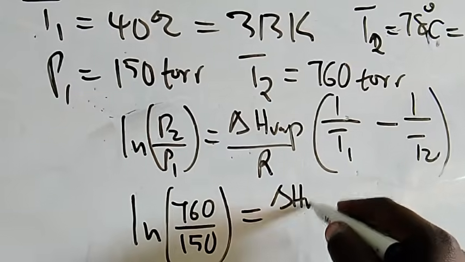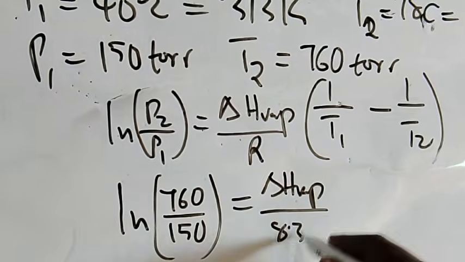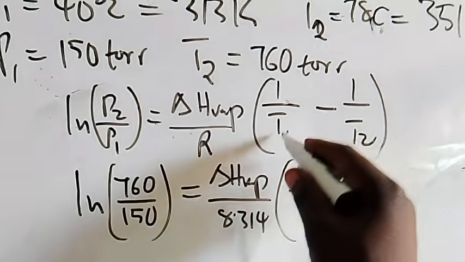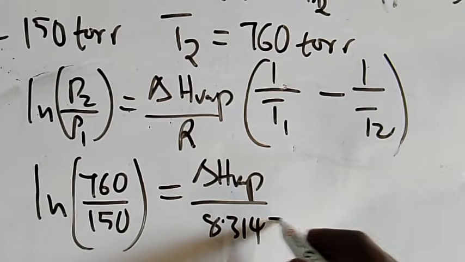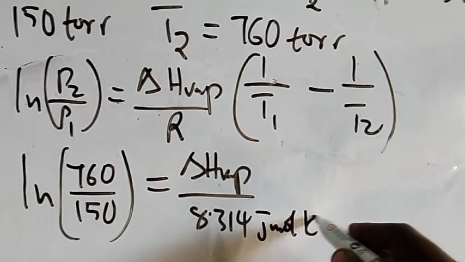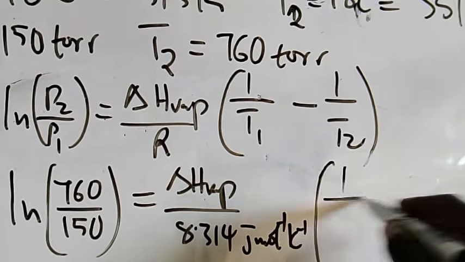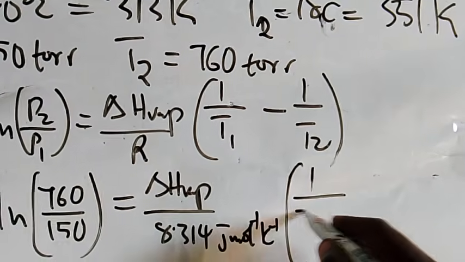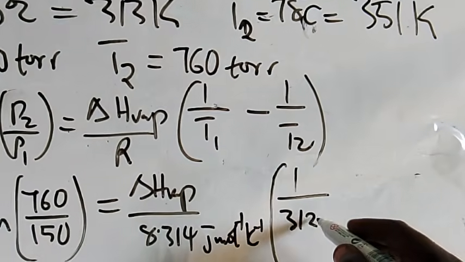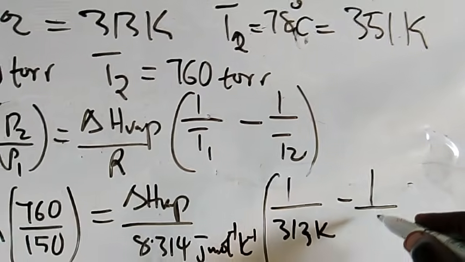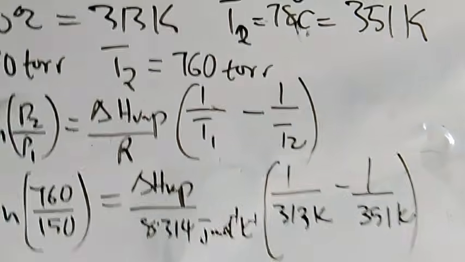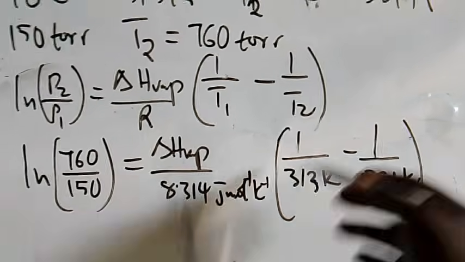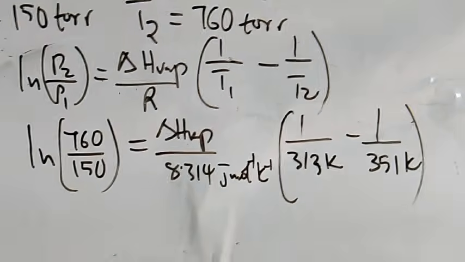Then delta H over R, 8.314, times (1 over T1, 313, minus 1 over T2, 351 K). Here you can put in the units so that you see how the units cancel. Deal with what you have in the brackets first.